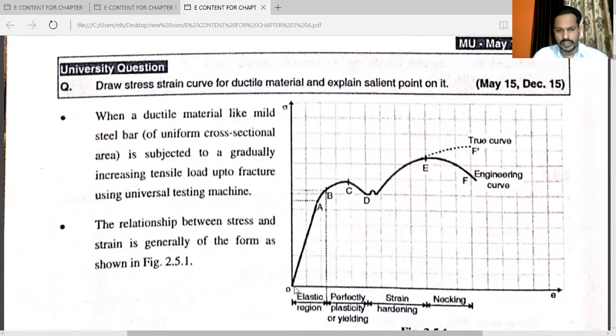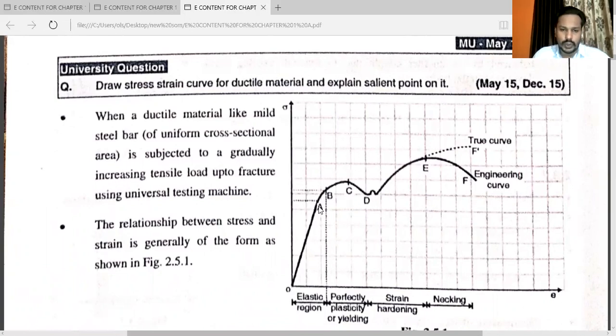Here you can see on the x-axis, small e is given, that is strain. You have to concentrate on the cursor location, that is very important. On the y-axis, stress is given.